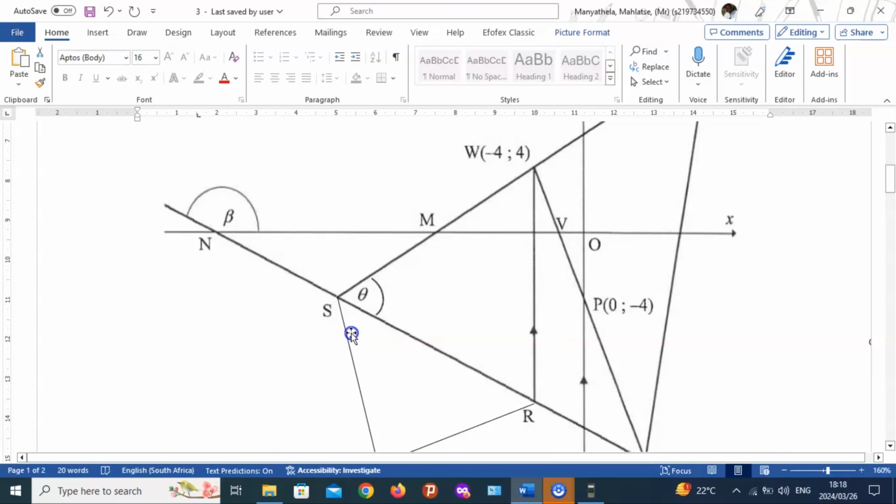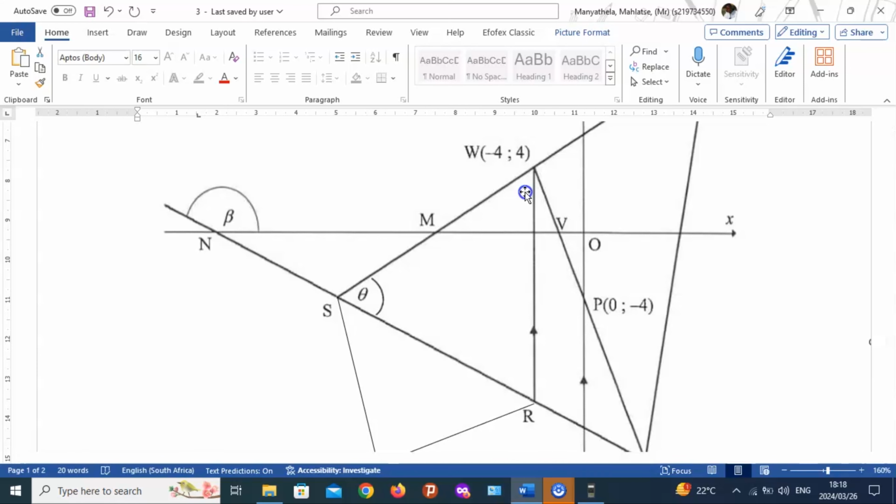In triangle SWR, we have the angle that we just calculated, 48.37. But what we do not have is the length of SW, but we have the length of WR. We can simply find the length of SW.